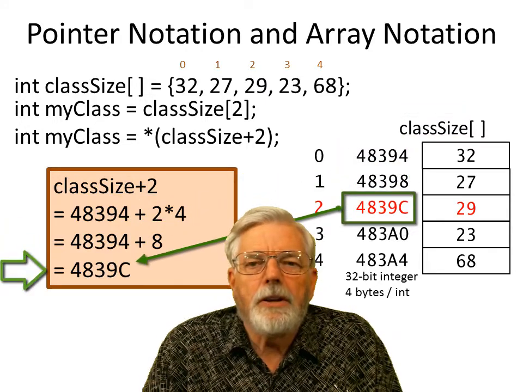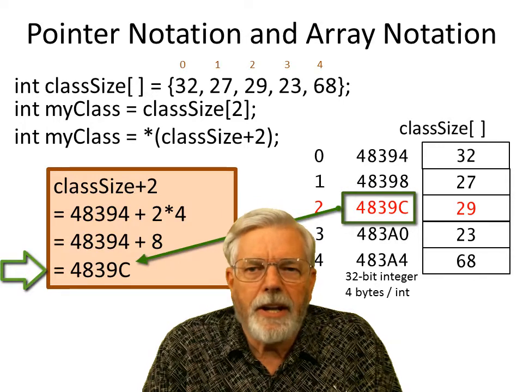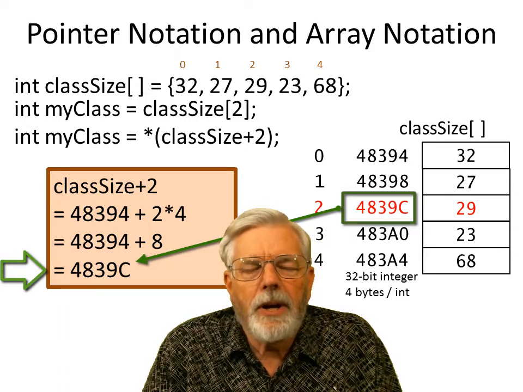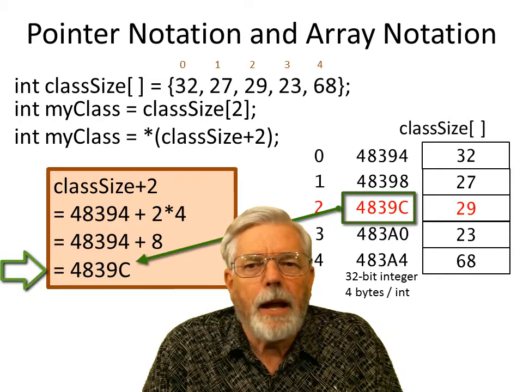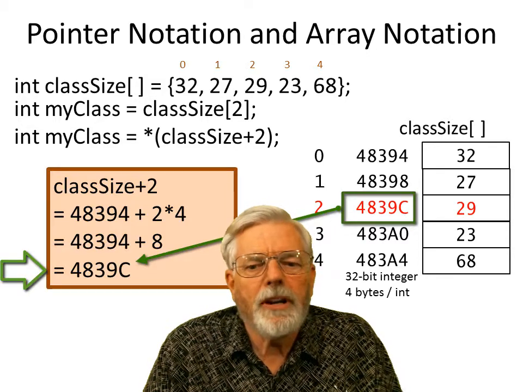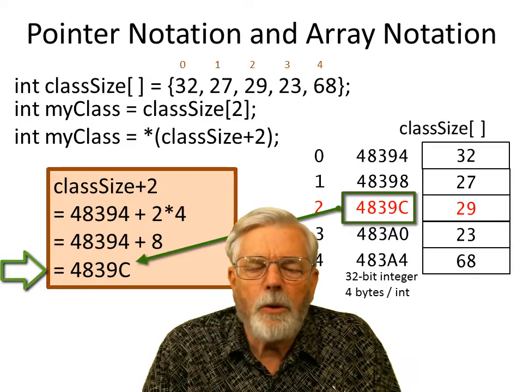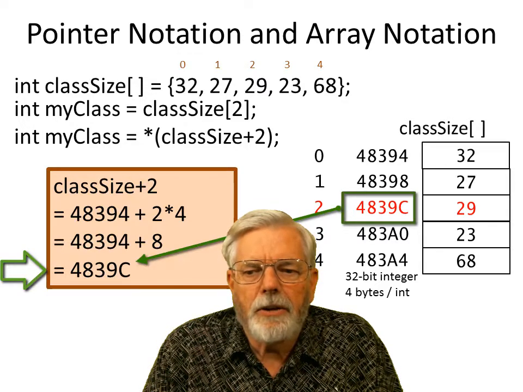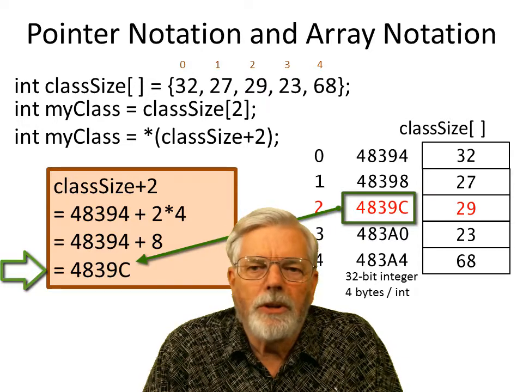So it automatically moves down to the next element. In this case, I'm moving 2 elements, so I'm moving 8 bytes. So I'm going to end up with 48394 plus 8. And using hexadecimal math, that's going to give me 4839C, which is the address right there where it's index 2, or the third element.